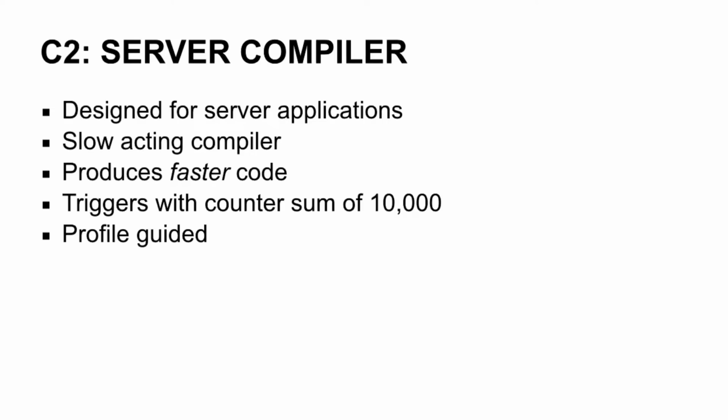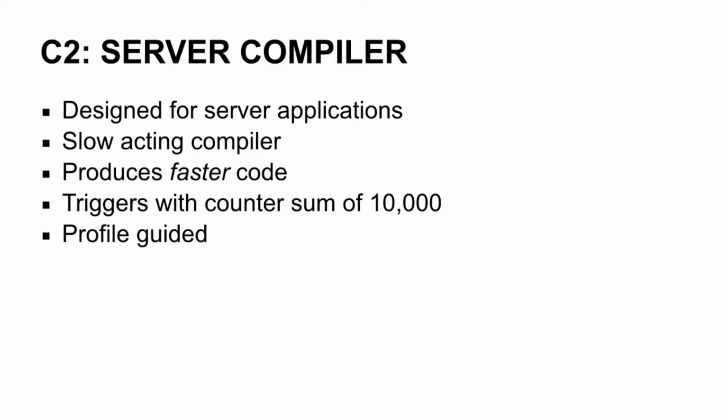There's what's called the C2 compiler, which was intended for server workloads. C2 is designed to be a slow-acting compiler, but as a consequence, it produces faster code, about 2 times faster than C1. And C1 was already a couple orders of magnitude faster than the interpreter. The consequence is it takes 4 times as long to compile the same method because C2 is doing some rather sophisticated analyses. C2 is what's called a profile-guided compiler.